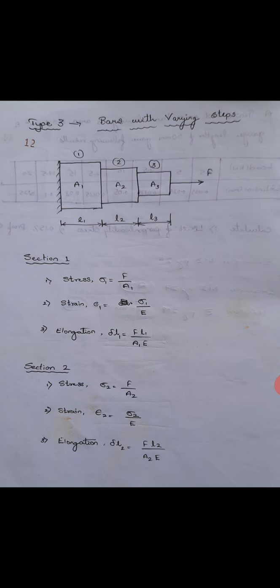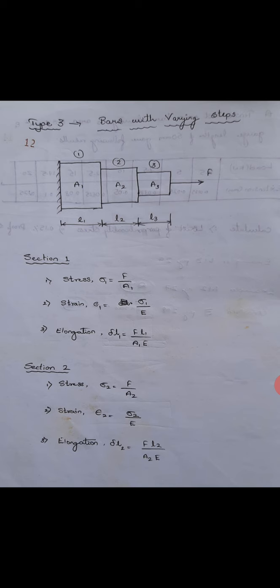Similarly, we have to carry out the same thing for section 2. For section 2, find sigma 2 equals F upon A2, that is the cross-sectional area 2. Strain epsilon 2 we can find using the formula sigma 2 upon E, if E is given.